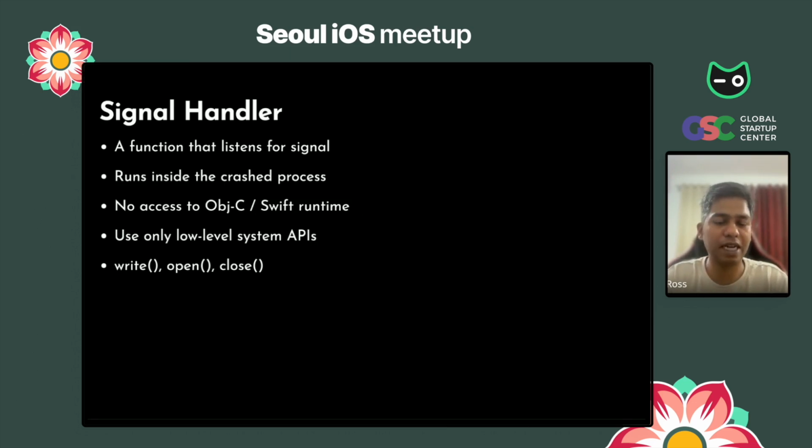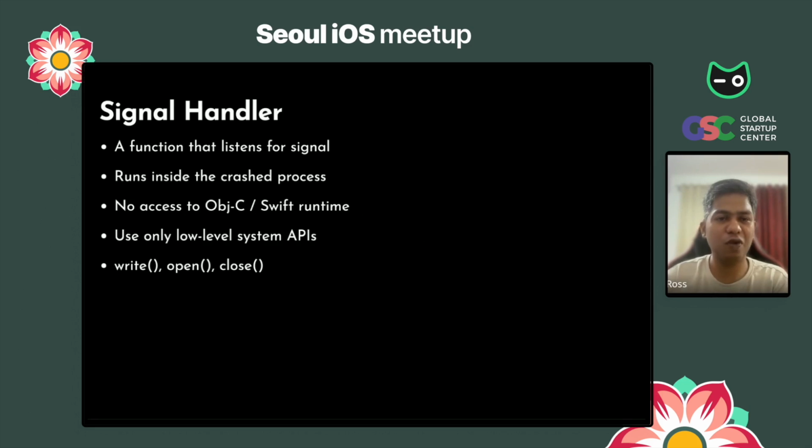As soon as the crash happens, they will handle the signal. They will generate the current backtrace and the current register information, and at the same time capture some metadata of the device that the crash happened on. They will save everything into a crash file in the local file system.